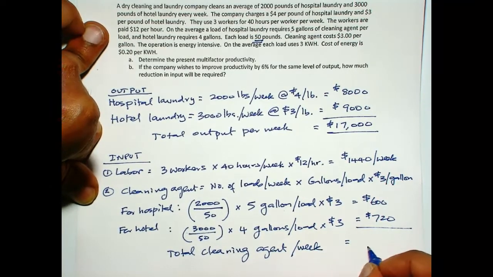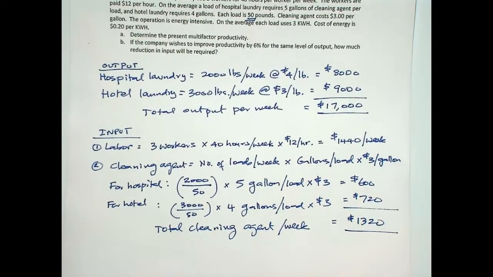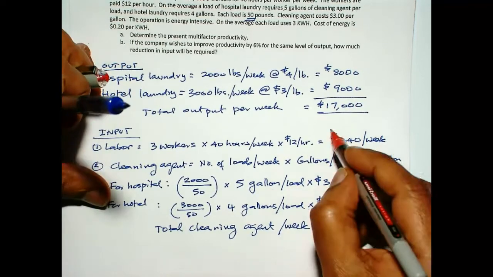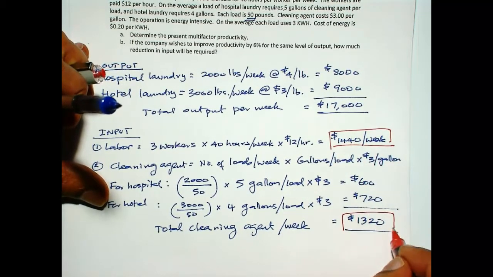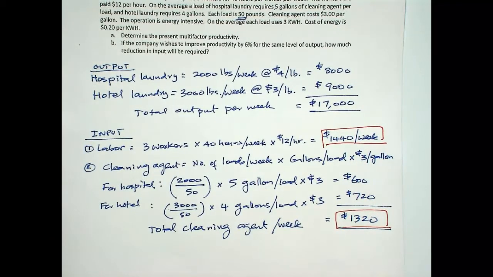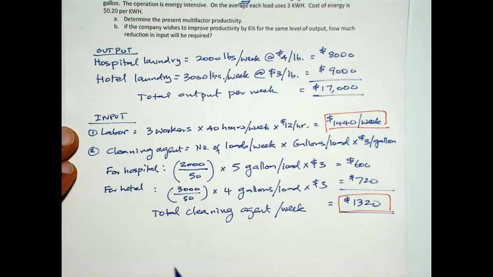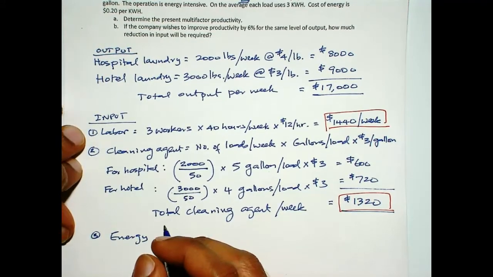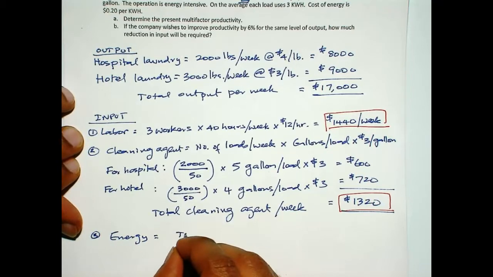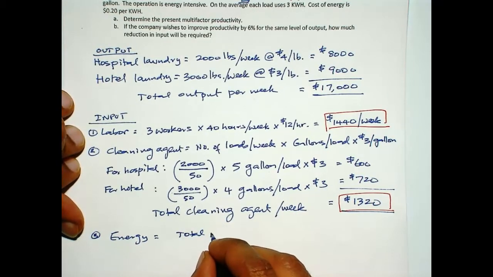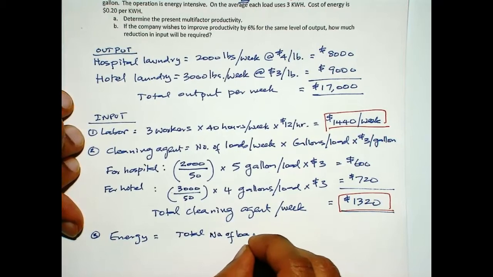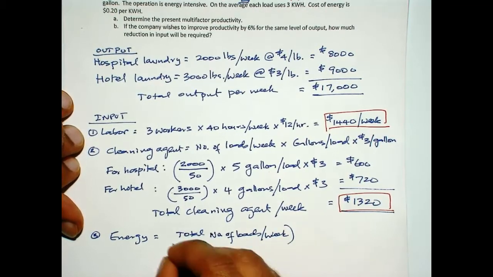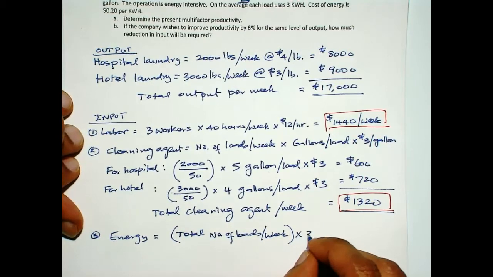So now we have the first input, we have the second input, and we need the third input, which is energy. That is equal to total number of loads per week times 3 kilowatt hour per load times 20 cents.